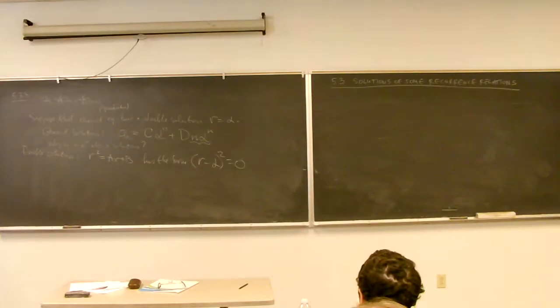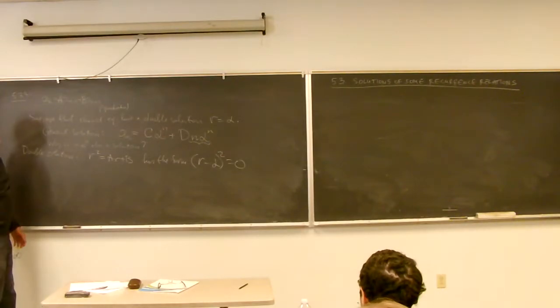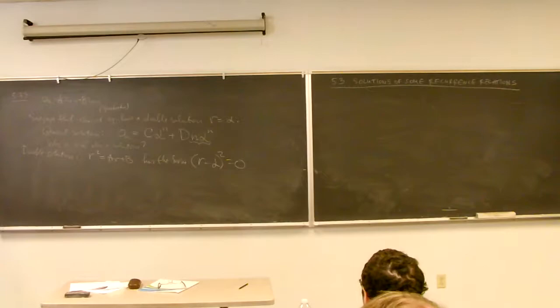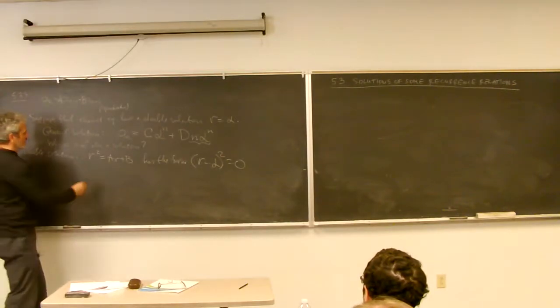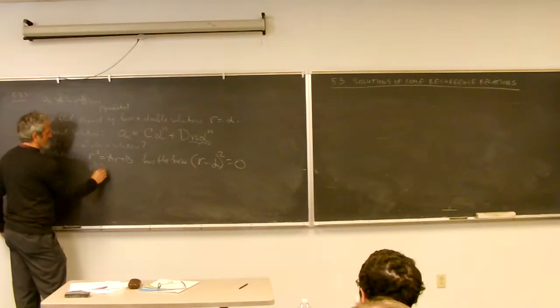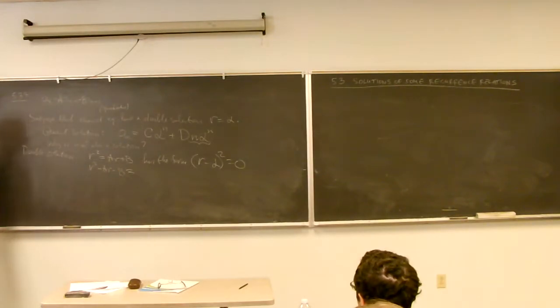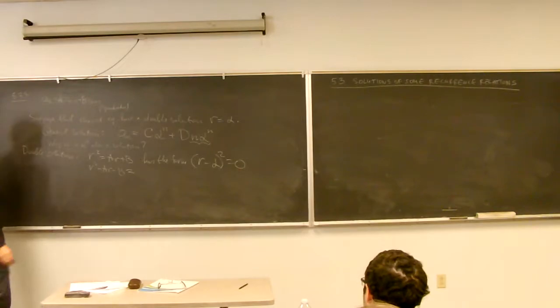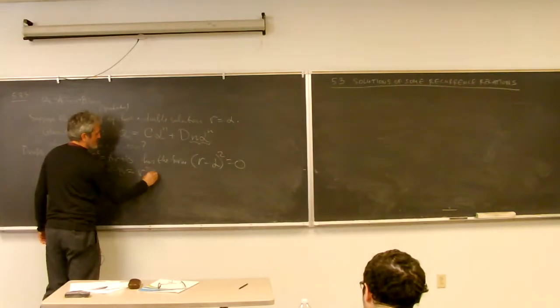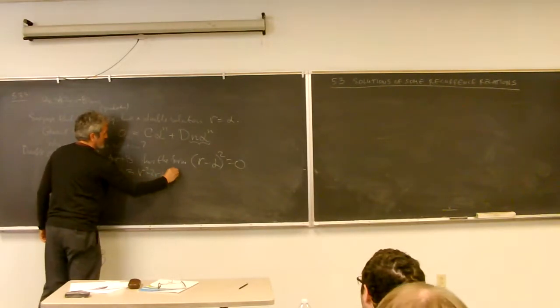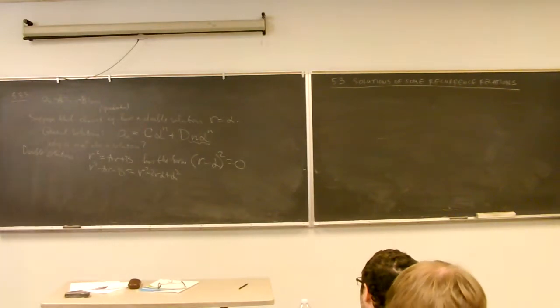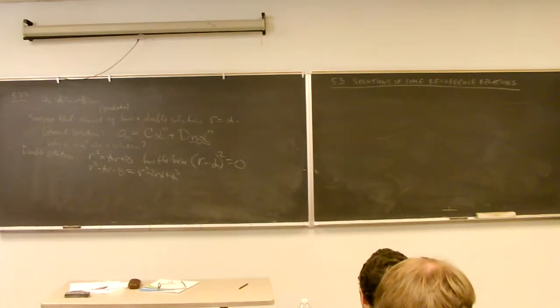When you get it to the left, you can complete the square. So that means that r squared minus ar minus b is the same as r squared minus 2r alpha plus alpha squared. Because if you complete a square.